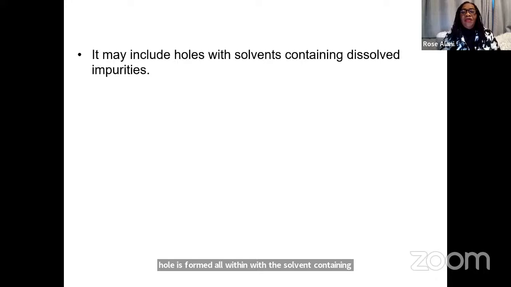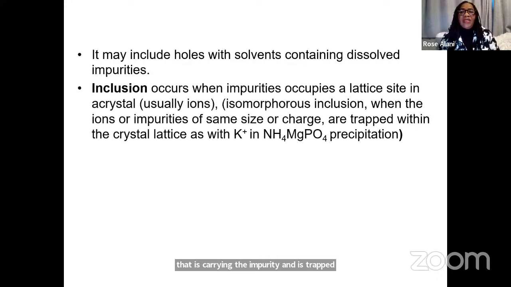You may have holes included, trapped in the crystal, and then that hole contains the solvent that is carrying the impurity and is trapped inside there. So that is that with occlusion.